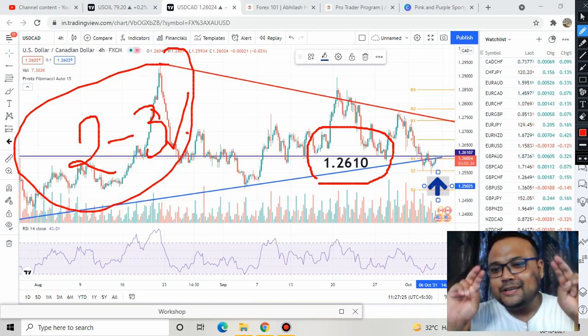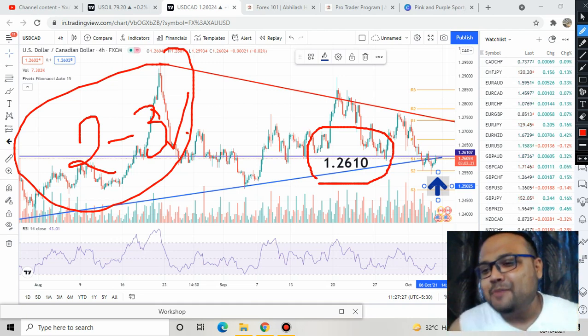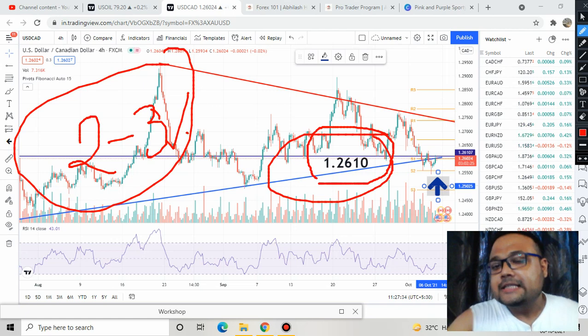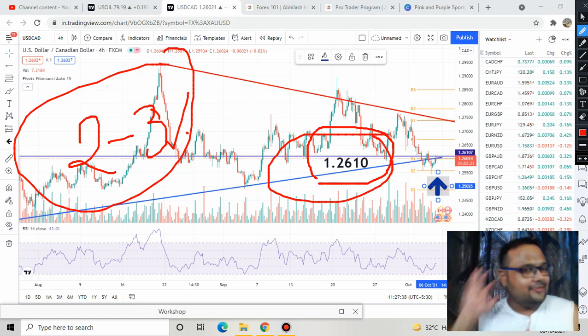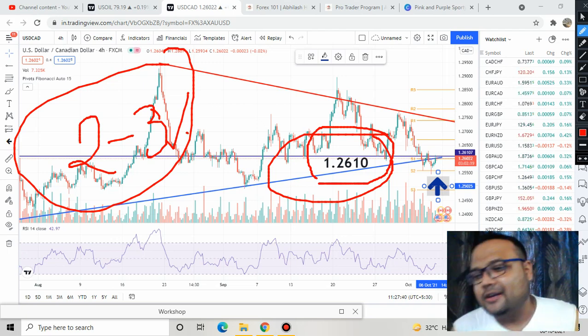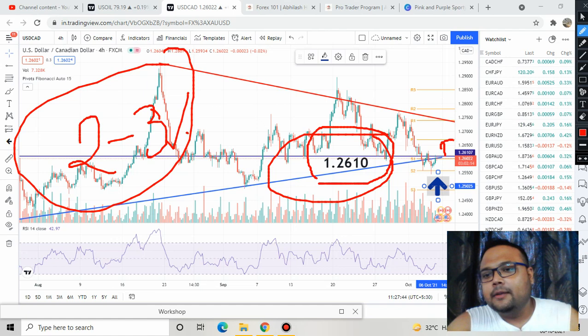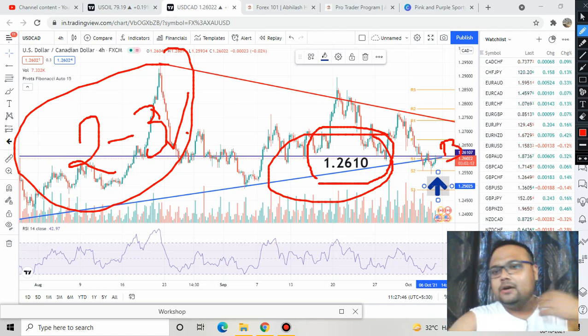I'm using the word comfortably because it is extremely important, to make sure that the 1.2610 level is still a valid support for the market. Once you get the confirmation that the market is trading comfortably, with no issues, then you can click on the buy button.